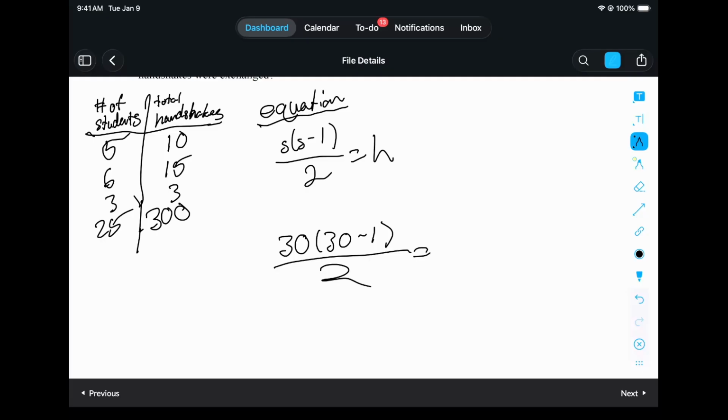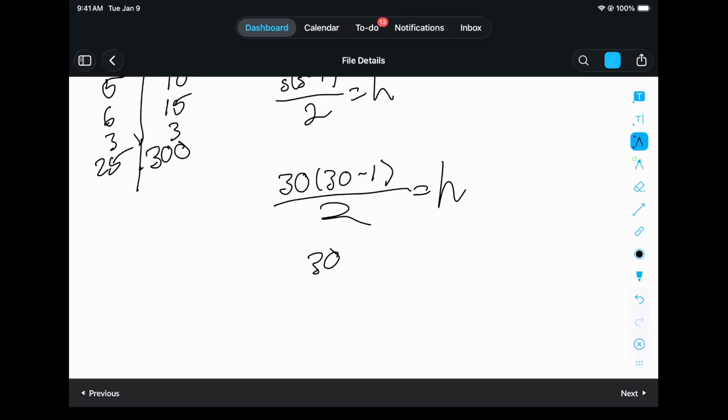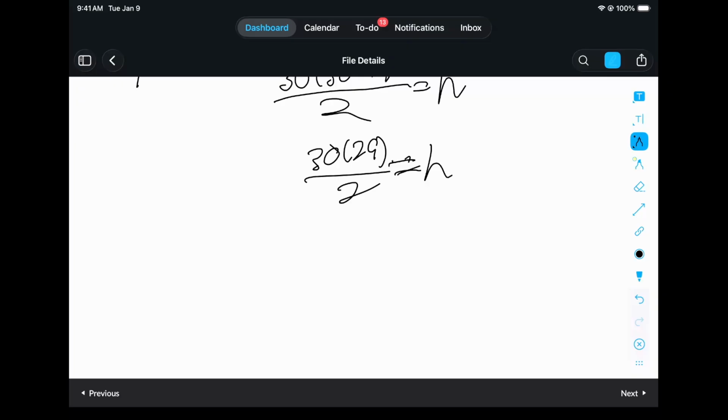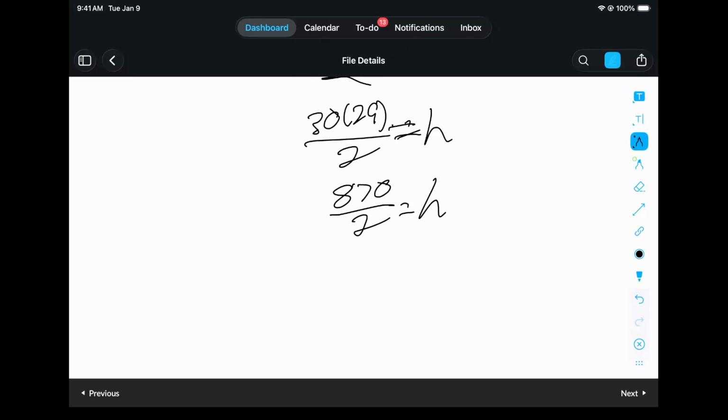It's going to equal 30 times 29, since 30 minus 1 is 29, divided by 2. Hold on. This equals H. Should probably do it like that. 30 times 29 over 2 equals H. 30 times 29 is 870. It all equals H, by the way.